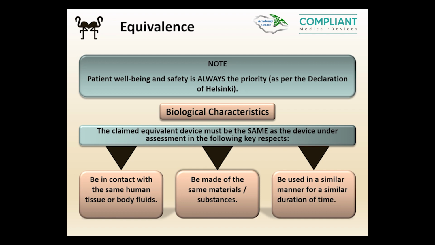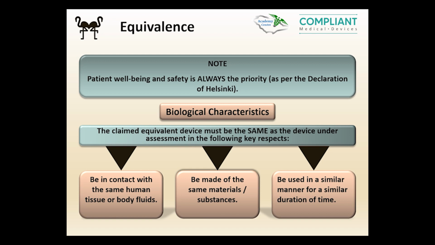And it is the responsibility of the manufacturer to demonstrate the fact that the two devices are closely aligned in the technical documentation for the device under assessment. As defined in paragraph 3 of Annex 14 of MDR, the key respects in which demonstration of equivalence must be provided are in terms of their biological, clinical, and technical characteristics.